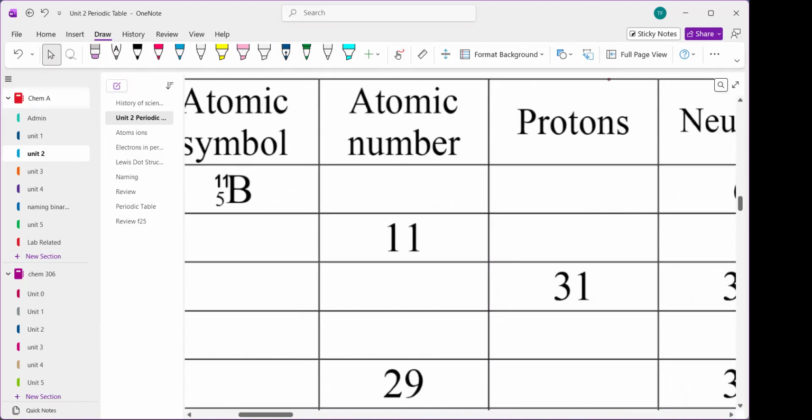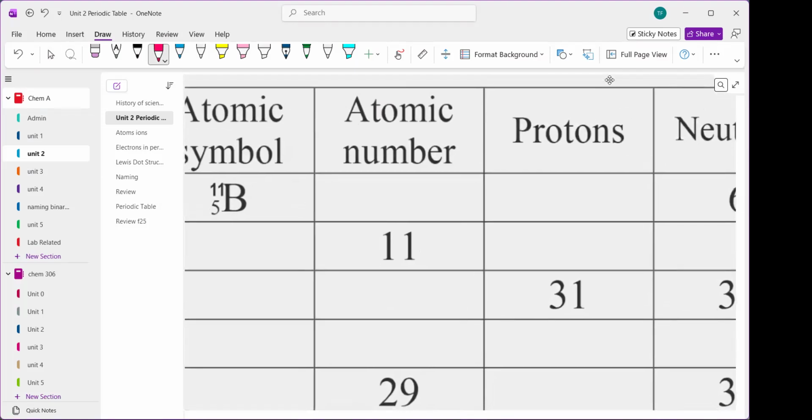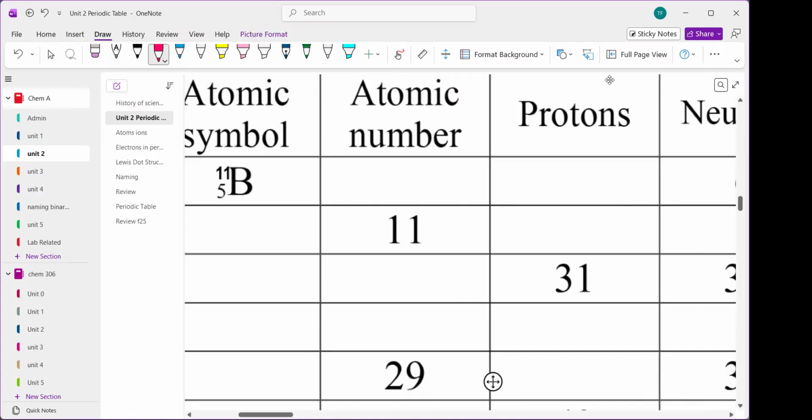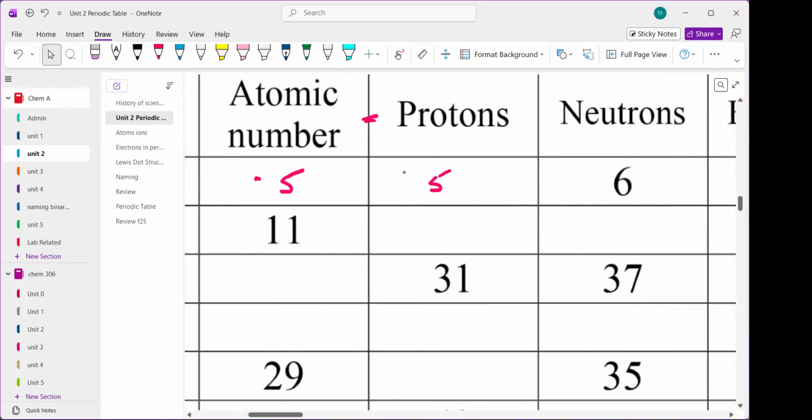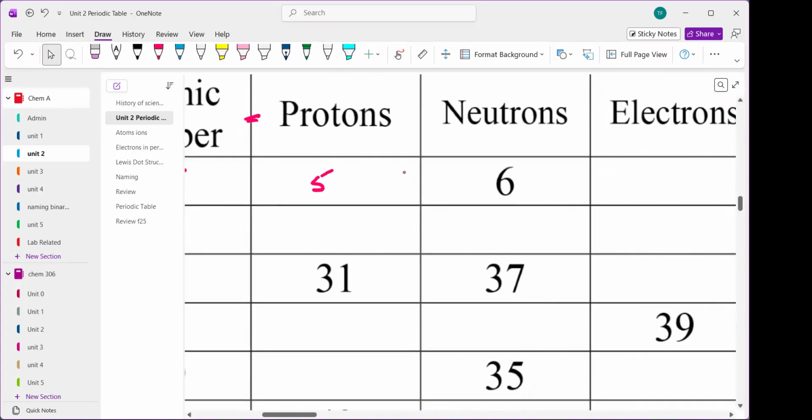What's the atomic number for boron? 5. Remember, atomic number and protons are always equal. So that means we have 5 protons as well. 6 neutrons.